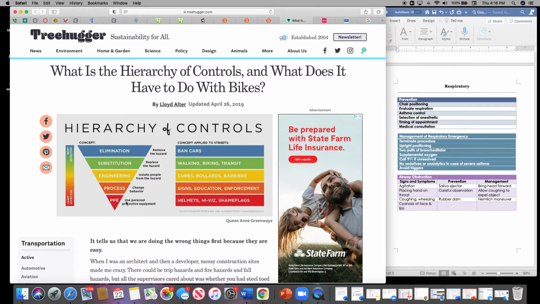And then to protect us on our bikes, personal protective equipment in this scenario would be like helmets. I'm assuming the flags are maybe like the little flags that you can put on the back of your bike. But here's an example of hierarchy of controls that's totally outside of dentistry and healthcare.